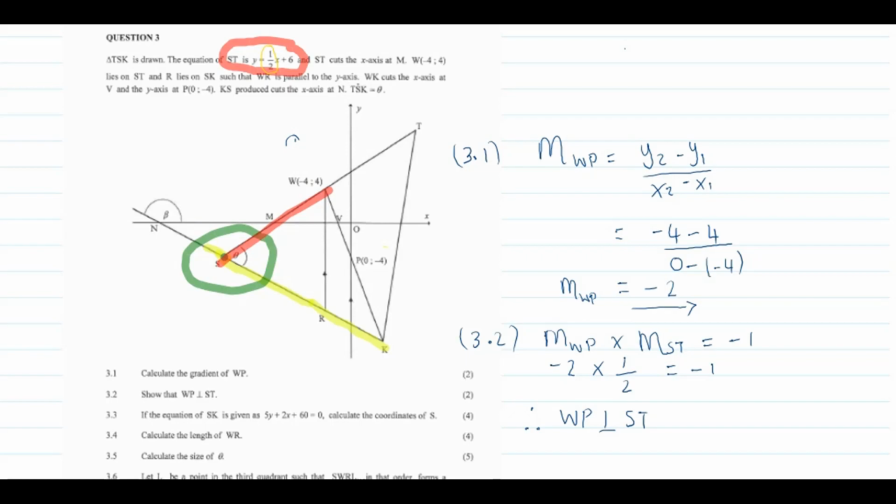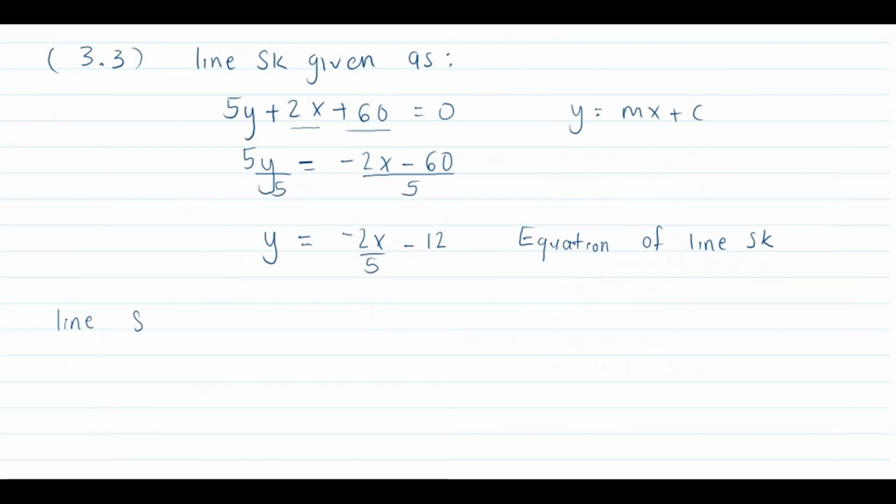So our line ST is y is equal to a half x plus 6, and our line SK is y is equal to negative 2 over 5x minus 12, right?